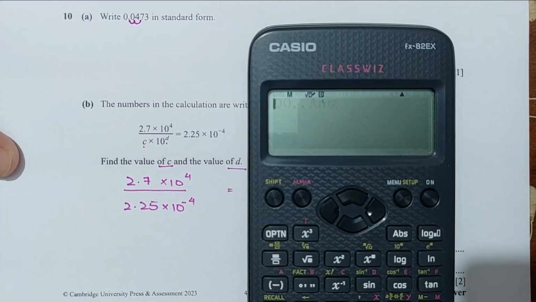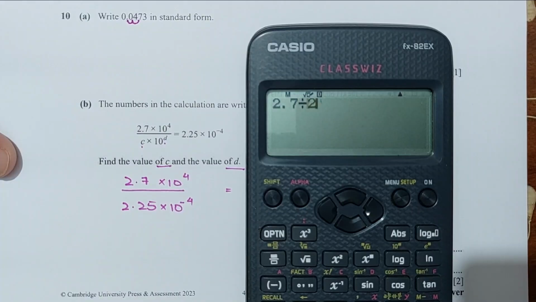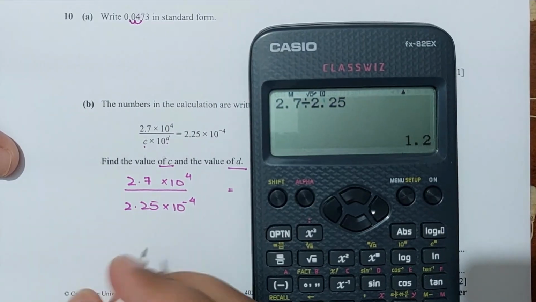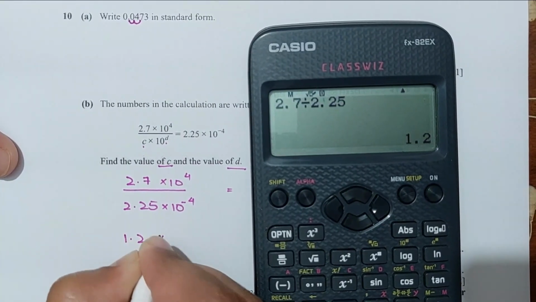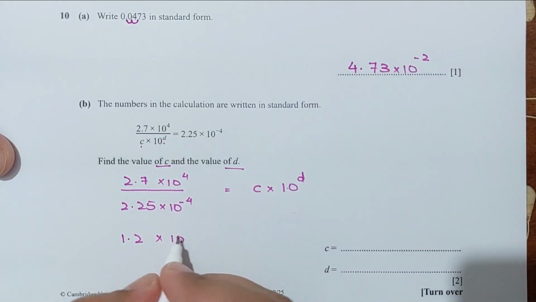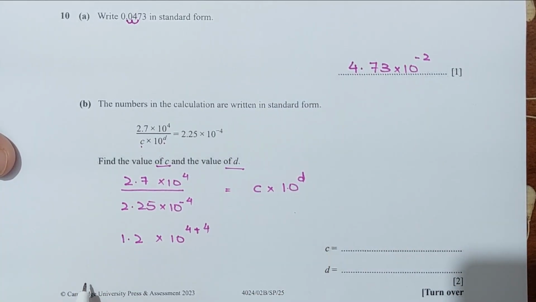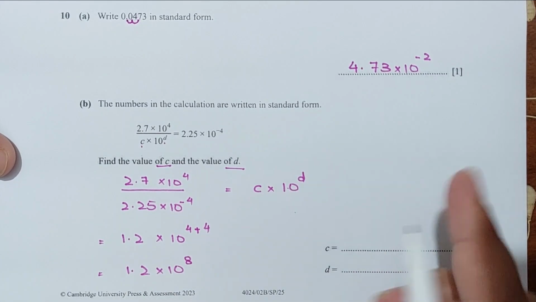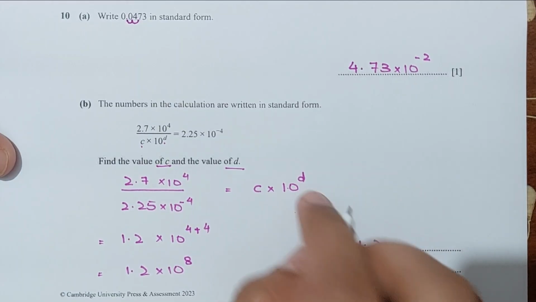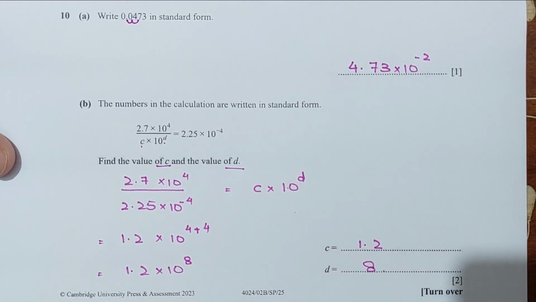This would be 2.7 over 2.25, 1.2 times 10 to the power 4, and shift this power to the numerator, becomes plus 4, right? So this would equal 1.2 times 10 to the power 8. So the C value is 1.2 and 8 is the D value.